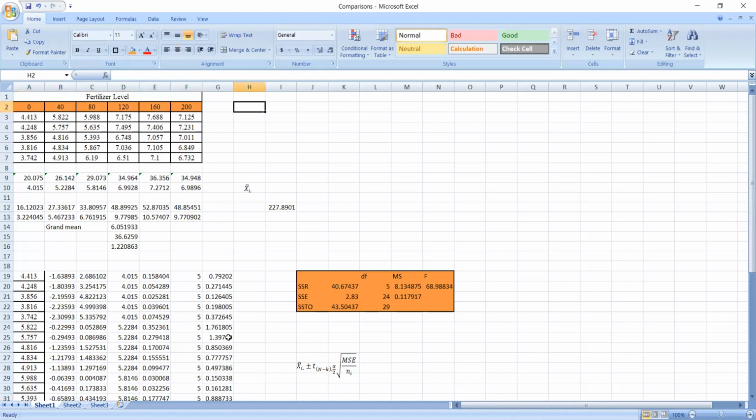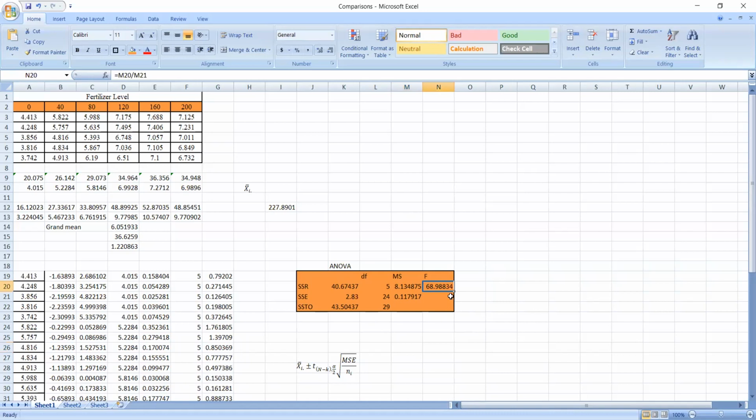I have done the calculation, and here I have constructed the Anova table. Just take the data set, construct the Anova table and see whether you get the same values. In the Anova table you can see the F value is 68.98.